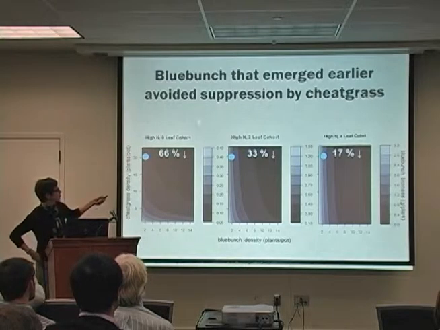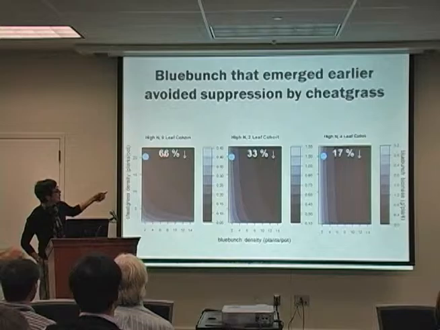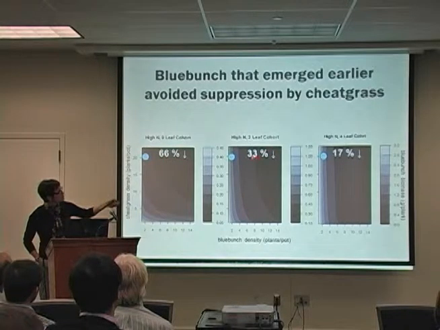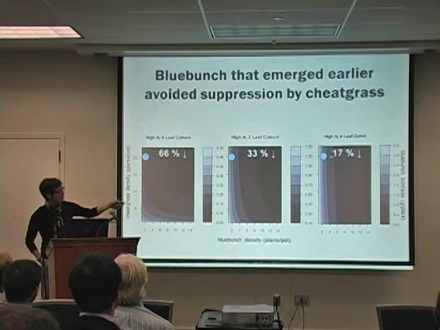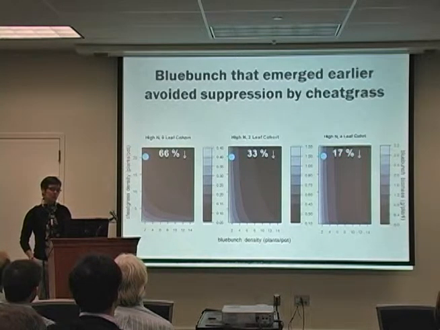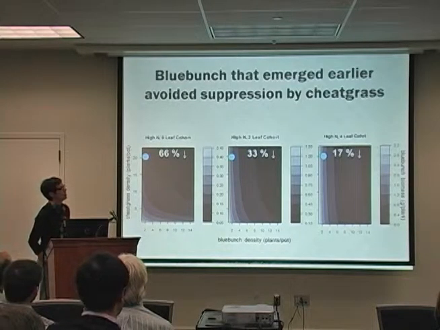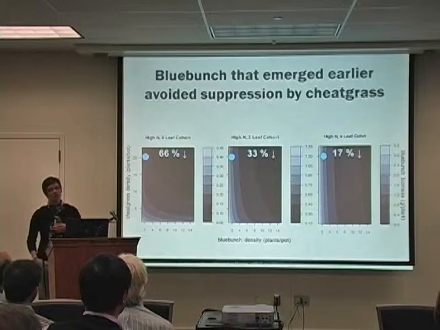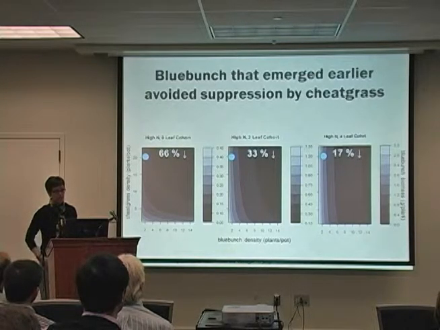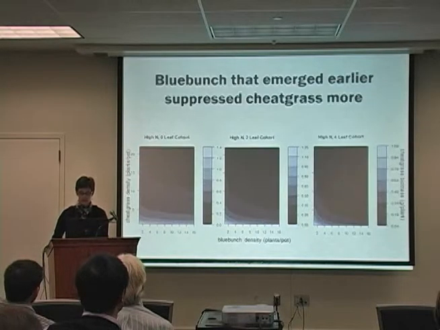This just shows you the % reduction in bluebunch size at seed versus seed, 2-leaf bluebunch versus seed, and then 4-leaf bluebunch. So there's still competition occurring here. There's some density-dependent competition, but it's a much less obvious decrease in bluebunch wheatgrass size if it's allowed to get a certain size before cheatgrass is introduced.